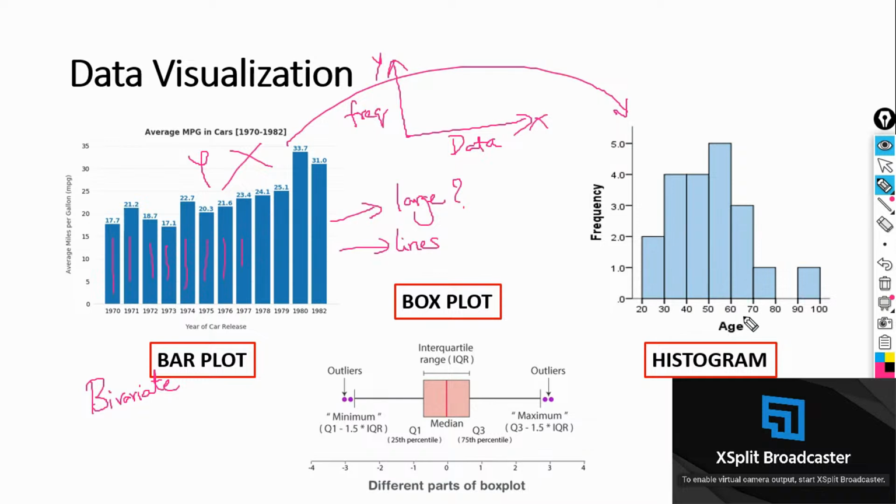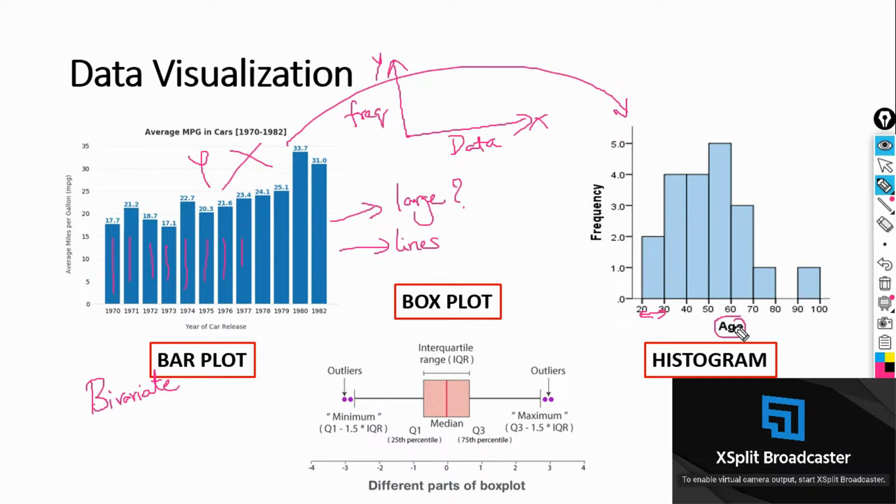What column did I take? Age is the column. And did I take each and every age? No. Instead of taking each and every age, I made a bin from 20 till 30. 30 till 40 is the next bin. 40 to 50 is the bin. In this way, I have bins till 100.